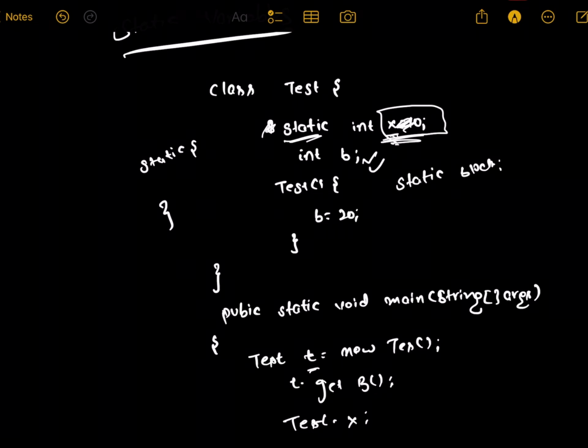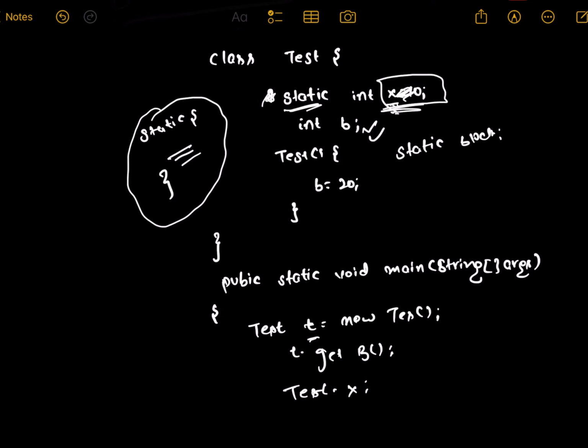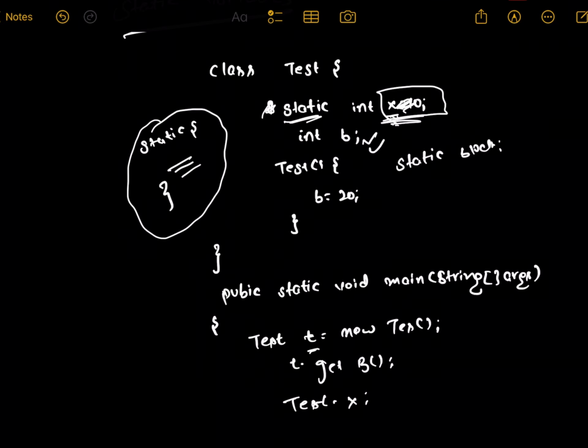We're going to discuss it in the next lecture of this series. As I told, these can be accessed directly via class name like Test.x, but instance variables can only be called by creating an instance. Static variables you can call directly. So these are the differences between static variables, local variables and instance variables.